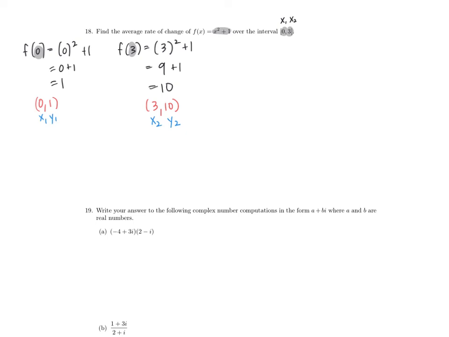And you're just going to solve. So we'll have y2 minus y1 over x2 minus x1. So that would be 9 over 3, which is 3. So the average rate of change is 3.